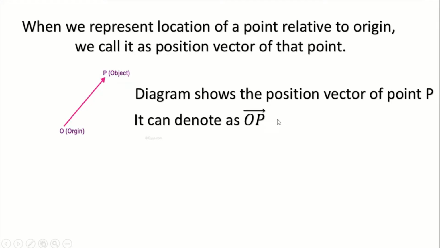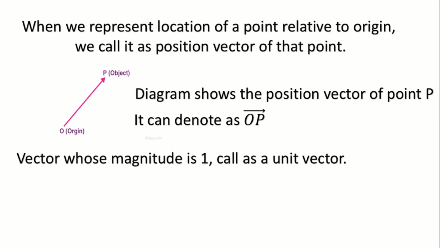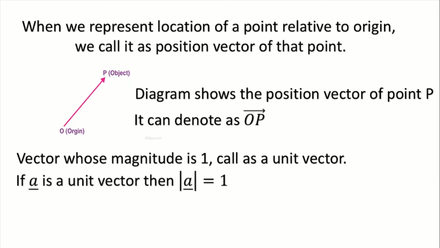Then we are going to talk about the unit vector. A vector whose magnitude is 1 is called a unit vector. If A is a unit vector, then the modulus of A, or magnitude of A, equals 1.